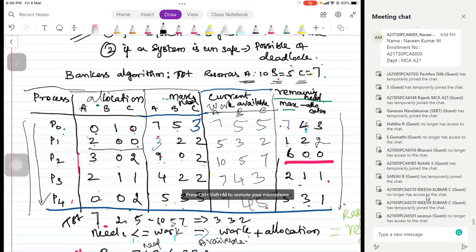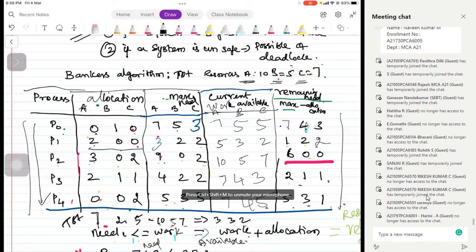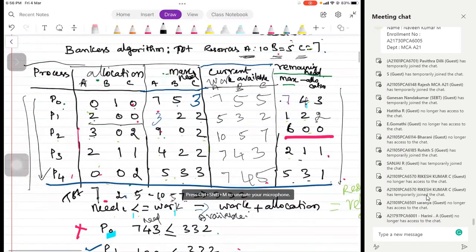பார்க்கறதுக்கு முன்னாடி என்ன செய்யணும்? இந்த ரூலை பார்க்கணும். Need less than or equal to work. That implies work = work + allocation. புரியுதா நான் சொல்றது? இந்த கண்டிஷன் என்னன்னு புரியுதா? நீடு எவ்வளோ, work available எவ்வளோ இருக்கு, எவ்வளோ அலோகேட் பண்ணணும். சரிங்களா?